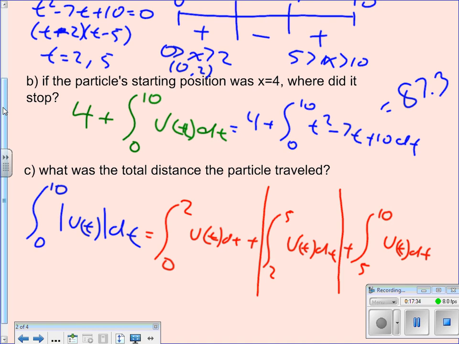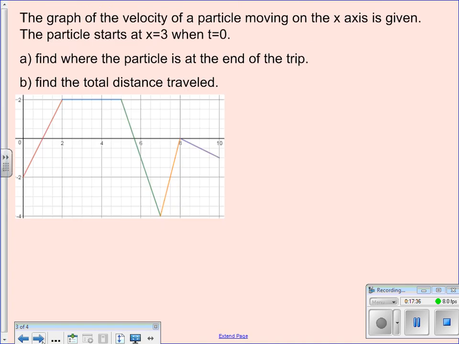Now, do not copy this graph, because I have a handout. Nice that way.